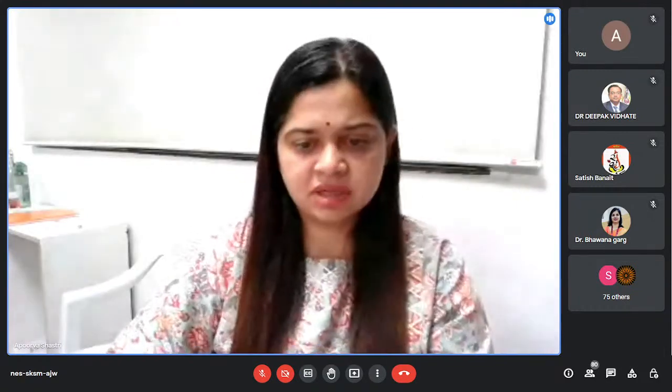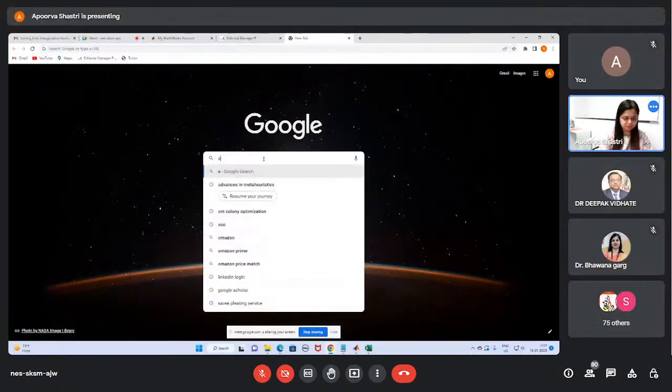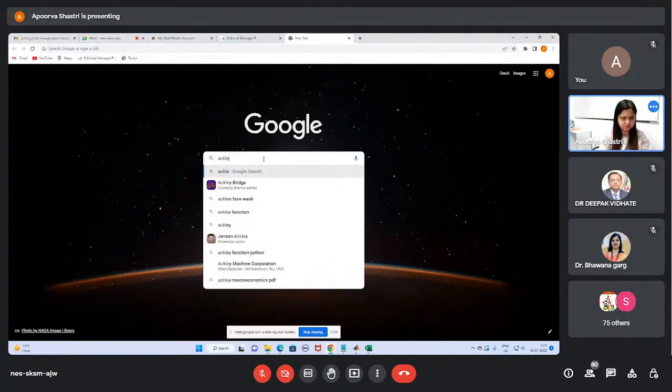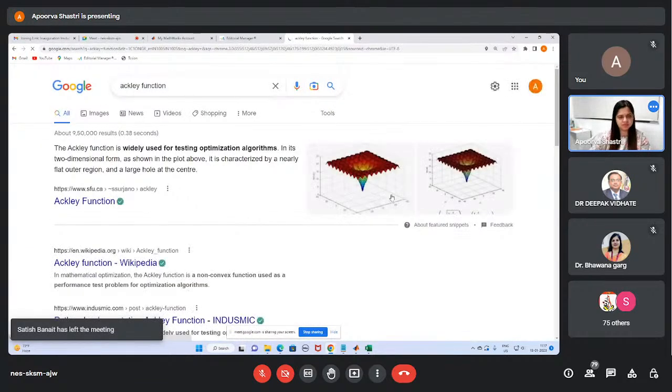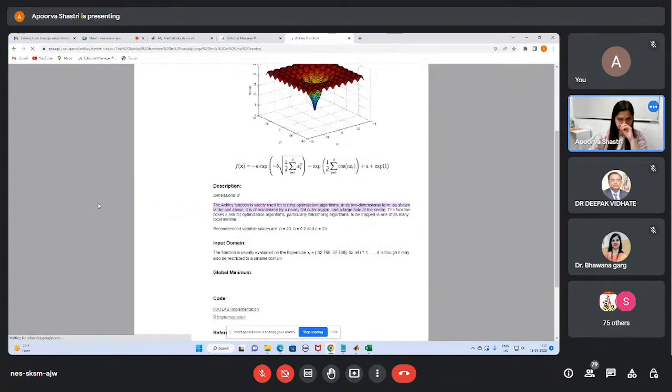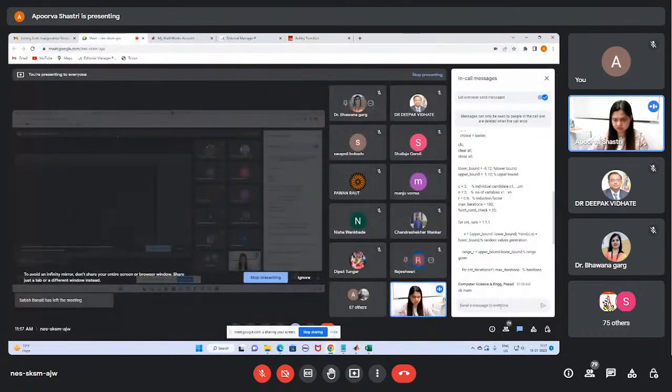First, I'll show you the Ackley function. This is the Ackley function. You can refer to this website also for other functions and their descriptions. I'll put it in the chat box.